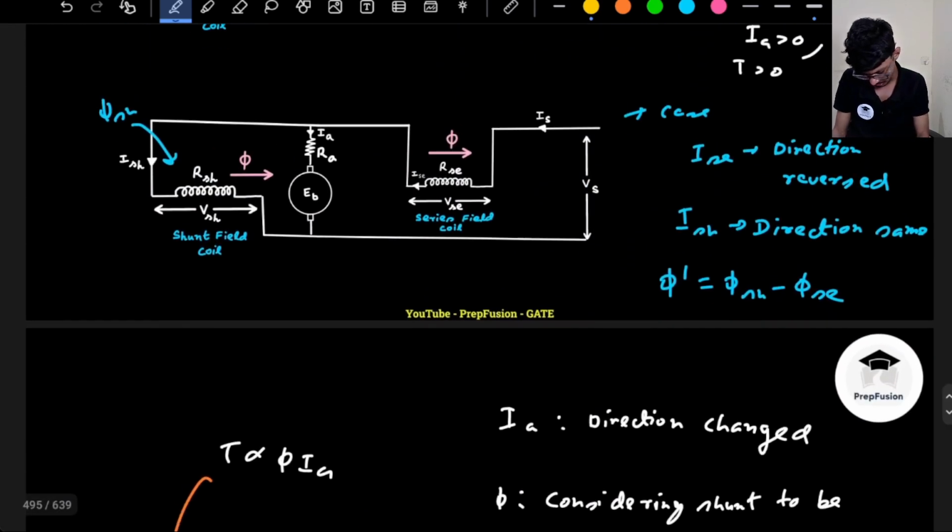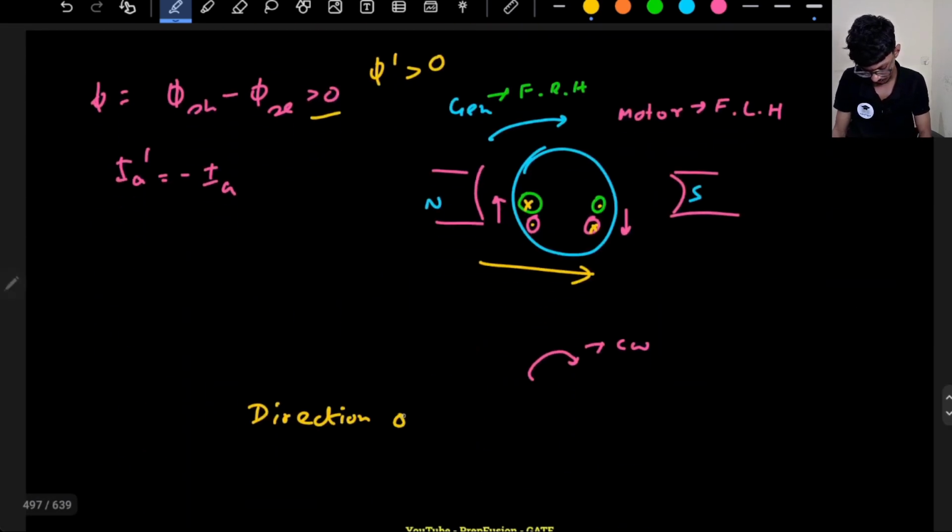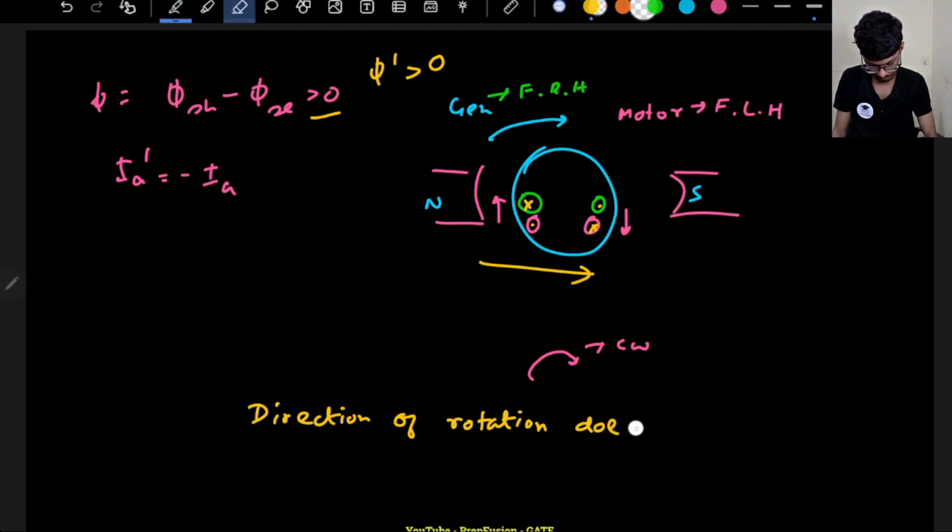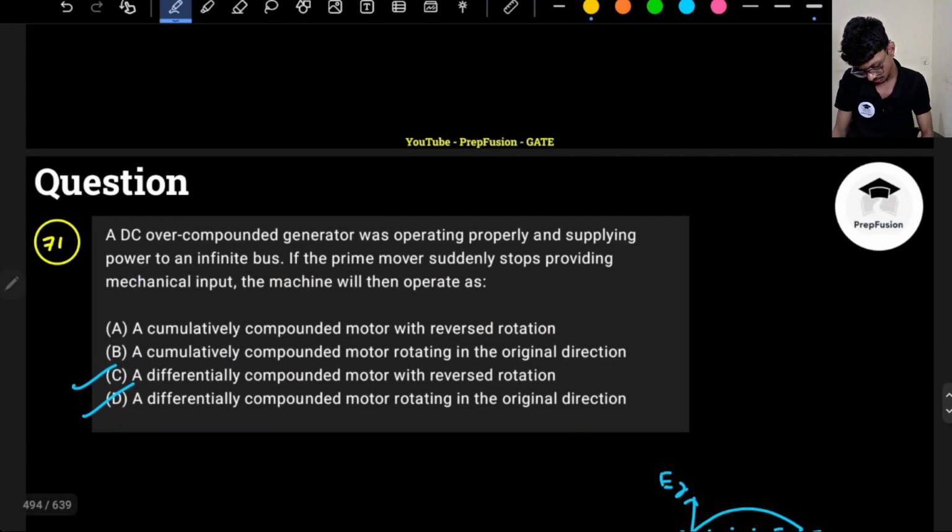Yeah, direction of rotation will not change. Okay, so here this will be the correct answer. Option D will be the correct answer for this question.